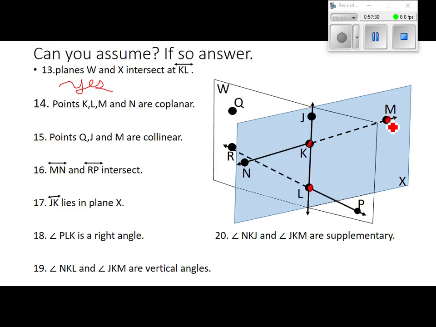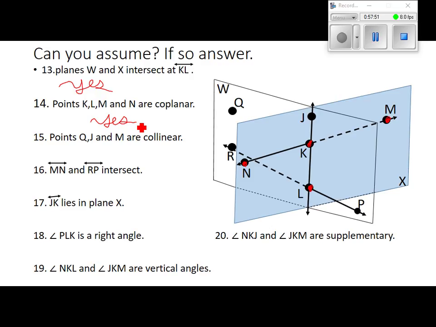Looks like it's on the blue one, right? Because it's sort of behind. N, which plane is it on? The blue one also. Are all those points coplanar? Yeah. They're all on the blue plane. Now, L and K are actually on the clear plane also.